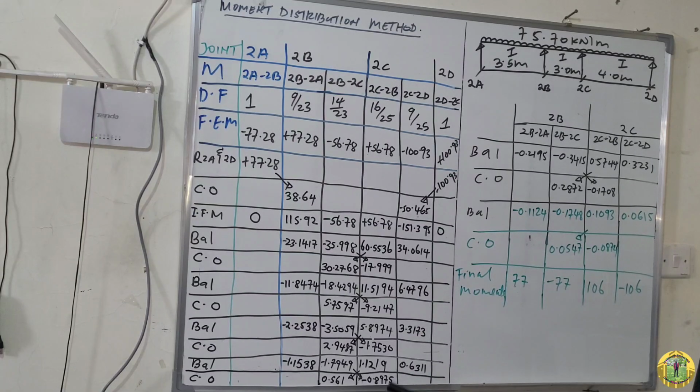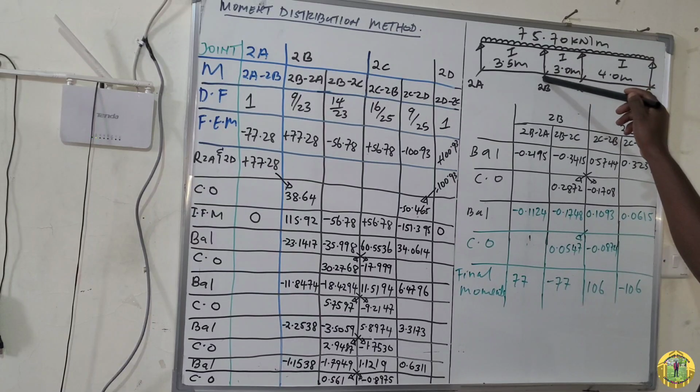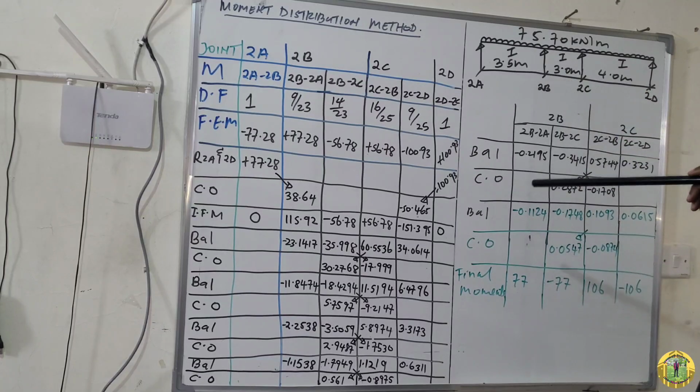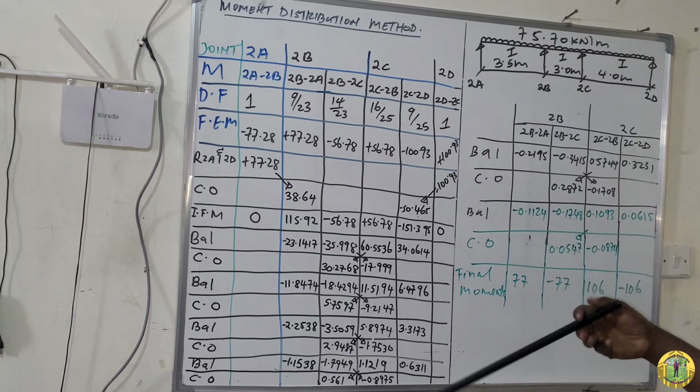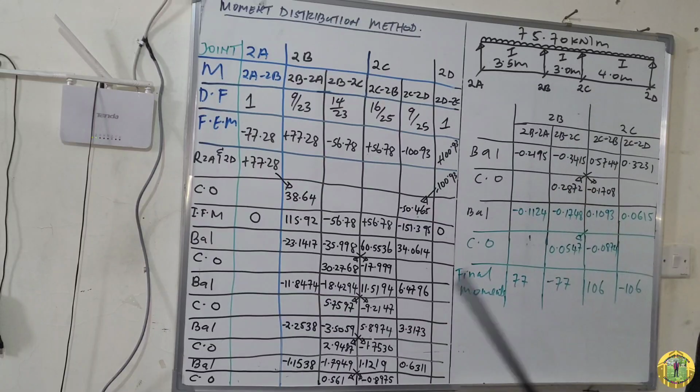To balance, it means a joint which is at the center, like this one and this one, they are simple supports. So for simple supports, the fixed end moment in that joint, if you add, should give you 0.